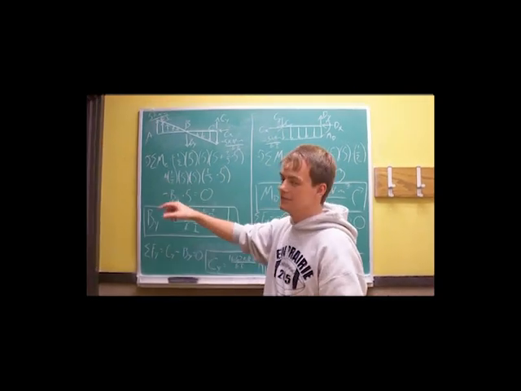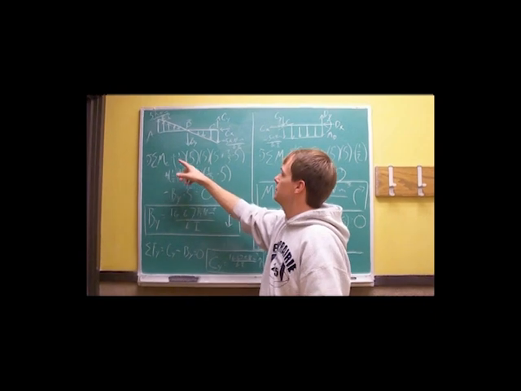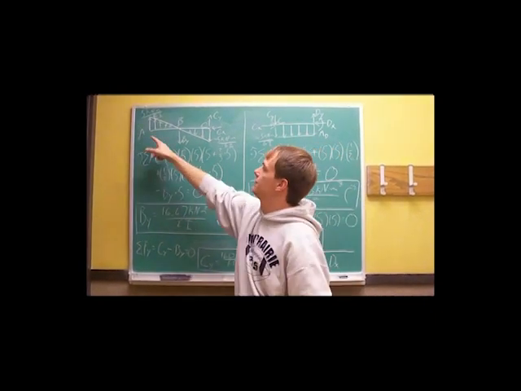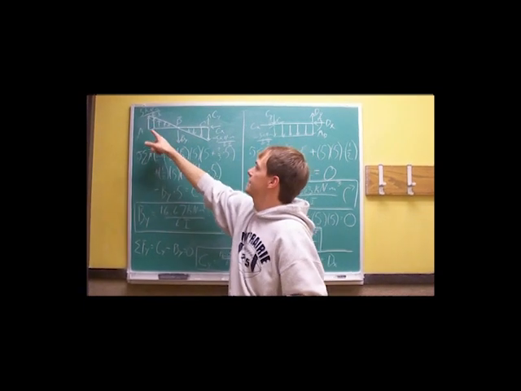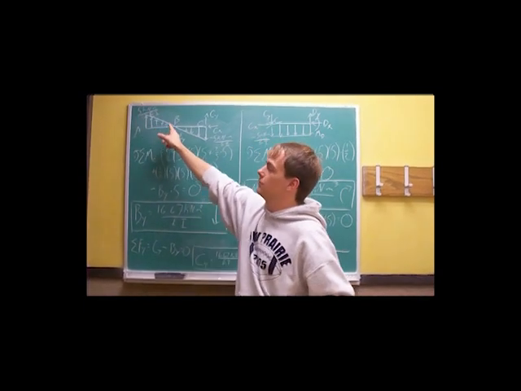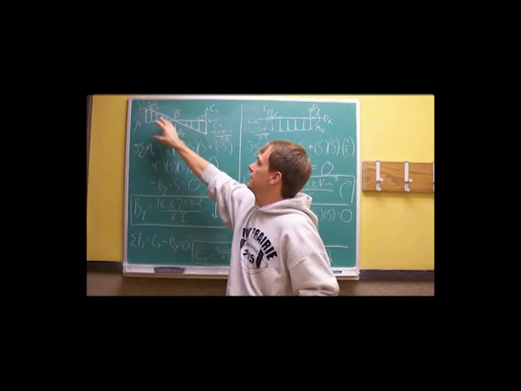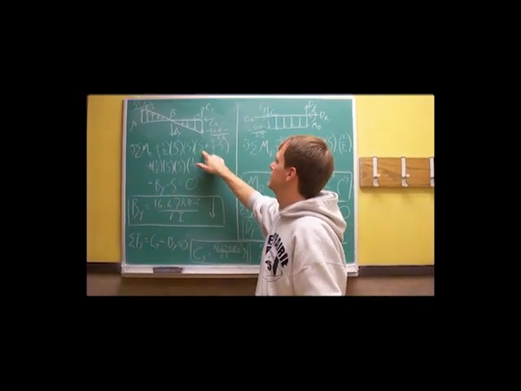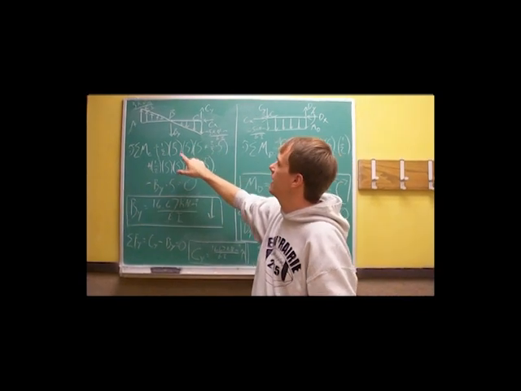We take the moments at C, which is equal to minus 1/2 times 5 times 5. That's 5 of the distance and 5 kilonewton meters over EI, and that's the area of the triangle, times its moment arm, which is 5 plus 2/3 of 5.